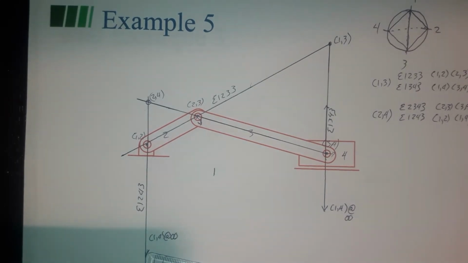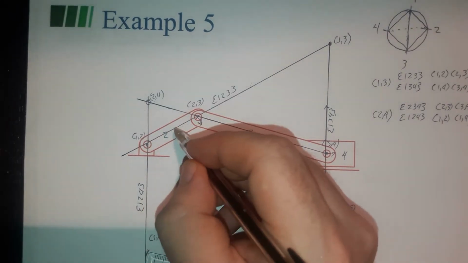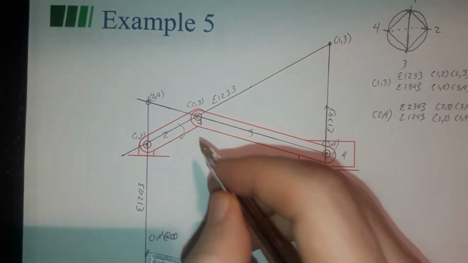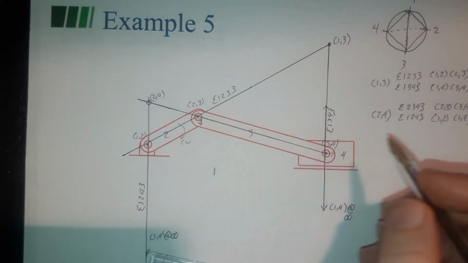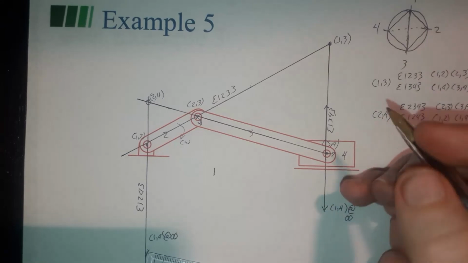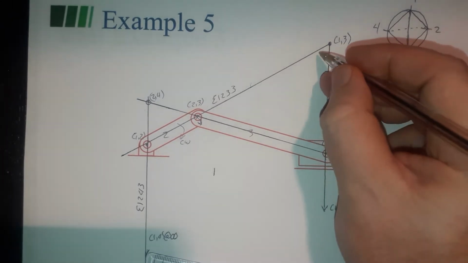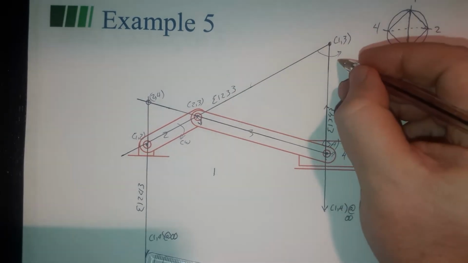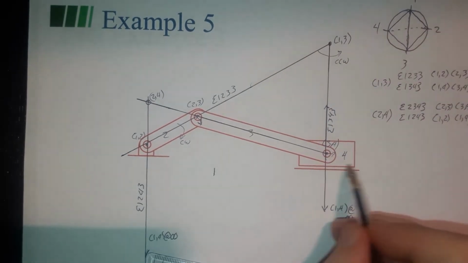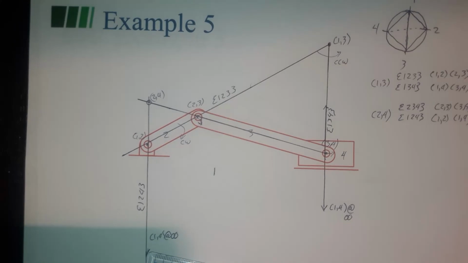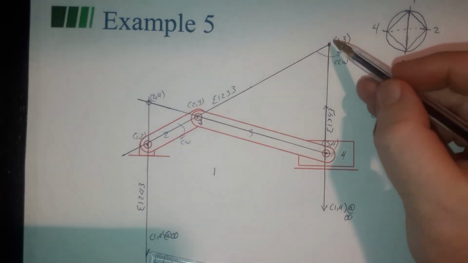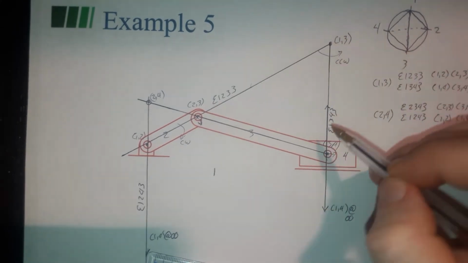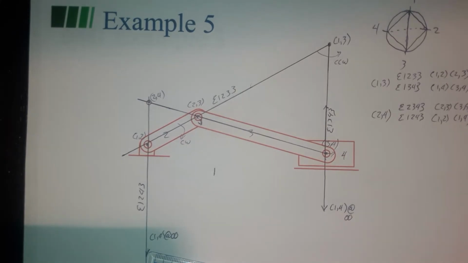And so we can imagine link 2 has to be rotating clockwise, and then link 3 is rotating about this point in that direction, which is counterclockwise, and of course link 4 is just sliding along. So instant center 1, 3 helps me visualize the motion of link 3.